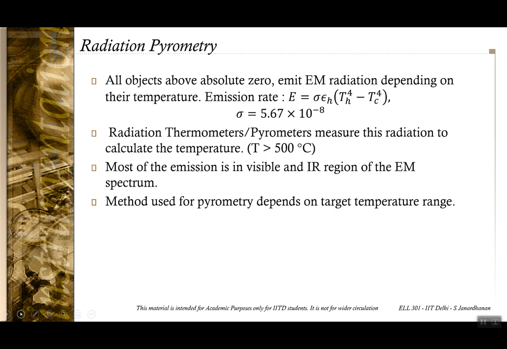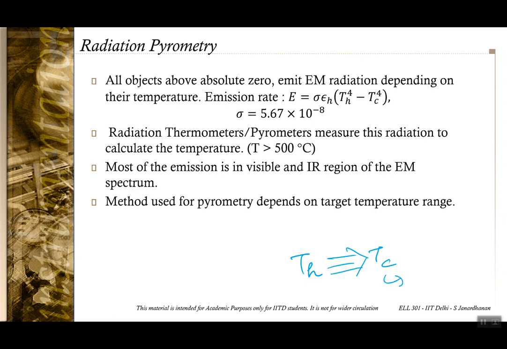So if you have a hot body with a temperature Th and a cold body at a temperature Tc, there is always some electromagnetic radiation going from the hot body to the cold body, and it is absorbed by the cold body.